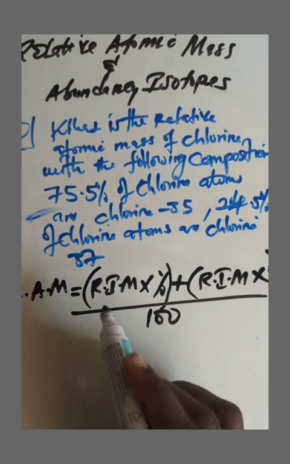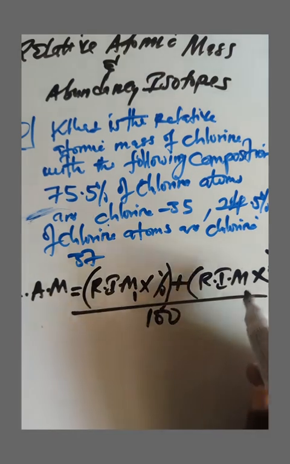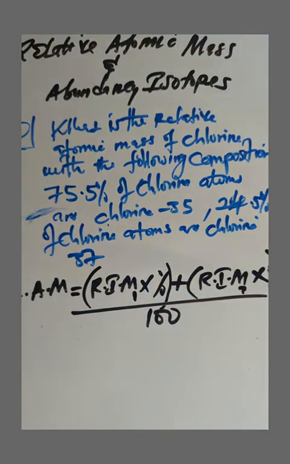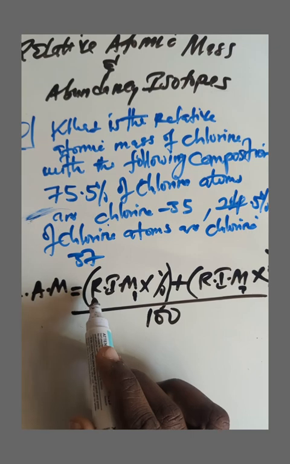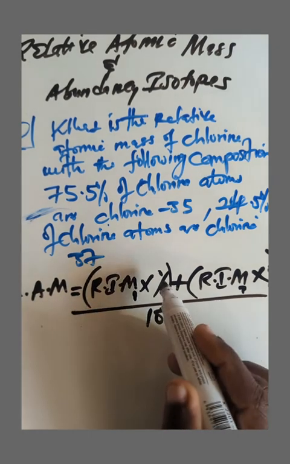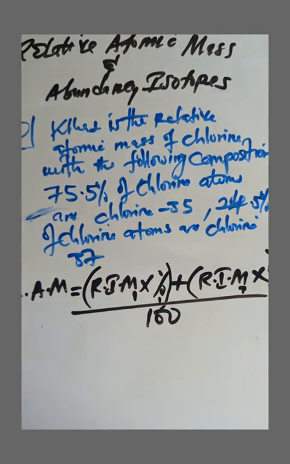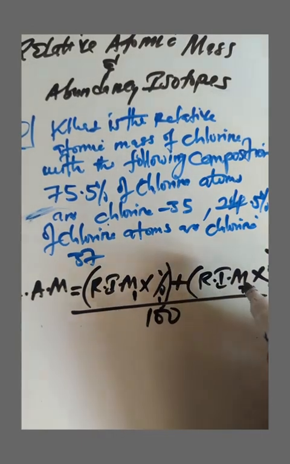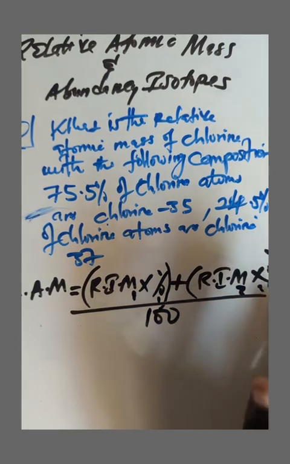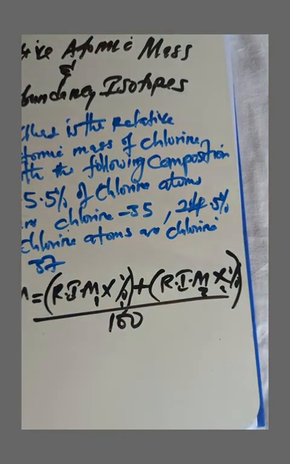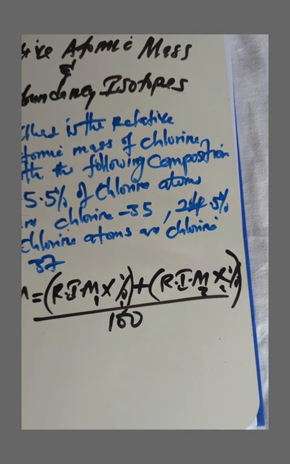You can write relative isotopic mass 1 times percentage abundance 1, plus relative isotopic mass 2 times percentage abundance 2, so that they are different. Alright, so that's the formula.